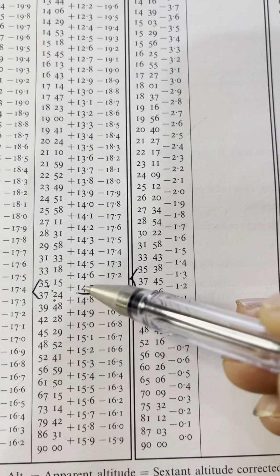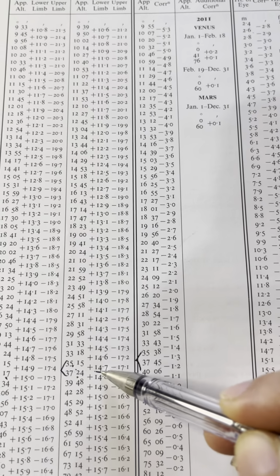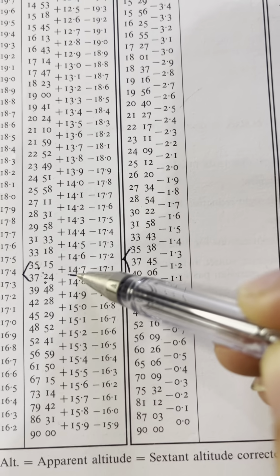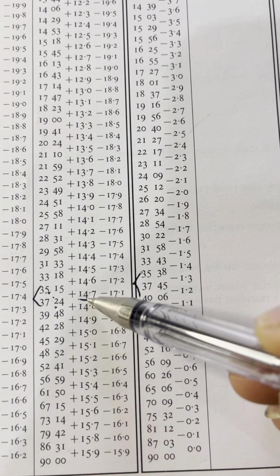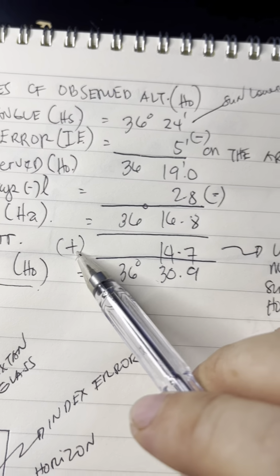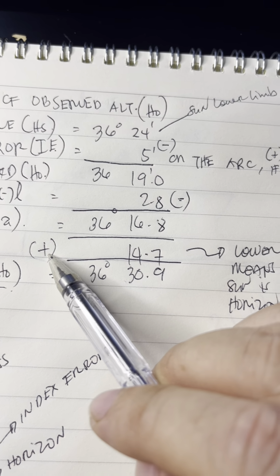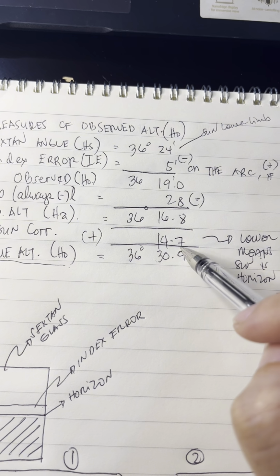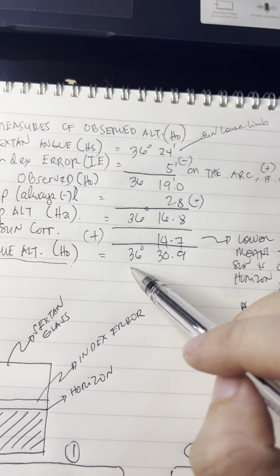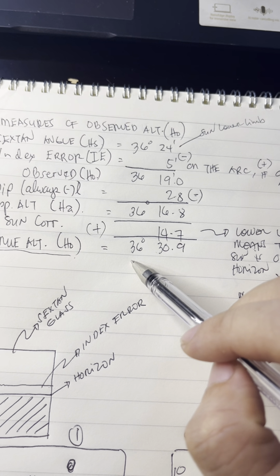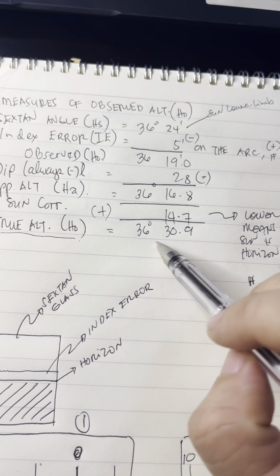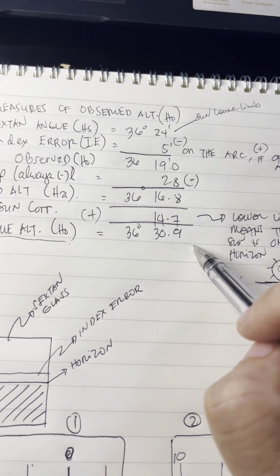Therefore, we will use this column in lower limb, and we will get plus 14.7. That's why I put 14.7 here. I put positive, so we will add this one: 36 degrees 16.8 plus 14.7. This becomes 36 degrees 30.9. Now this is your true altitude. Okay, thank you.